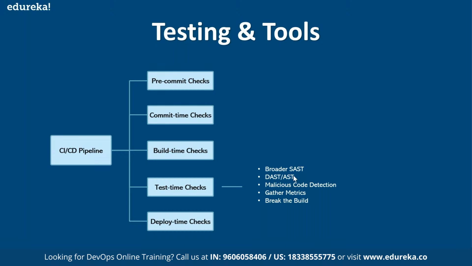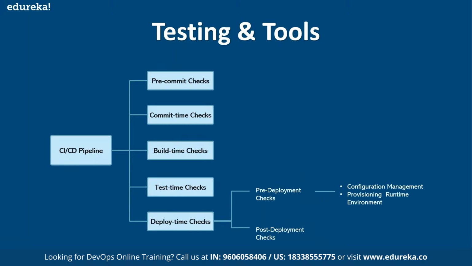Then you will have your deployment checks: pre-deployment checks and post-deployment checks. In pre-deployment checks, you will have configuration management testing. Why is configuration management testing required? Let's say I'm picking a Chef hosted version of configuration management. Is the Chef master hosted on the cloud or on premises?